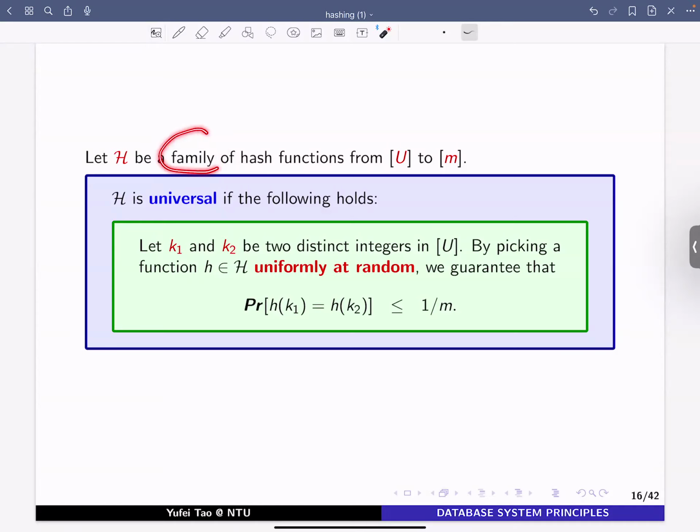So we call this a family. In general, if you have a family like this, I will use this beautiful H, the font, right? It's a bit curly. This is a beautiful H that I'll be using. This refers to the family of hash functions that I'll be using.